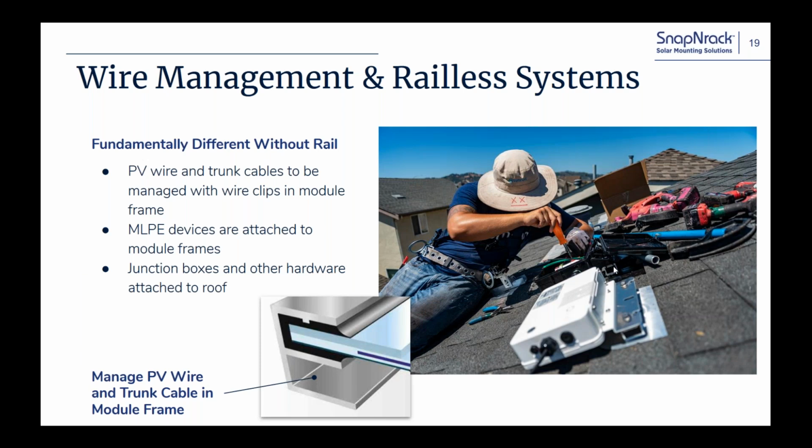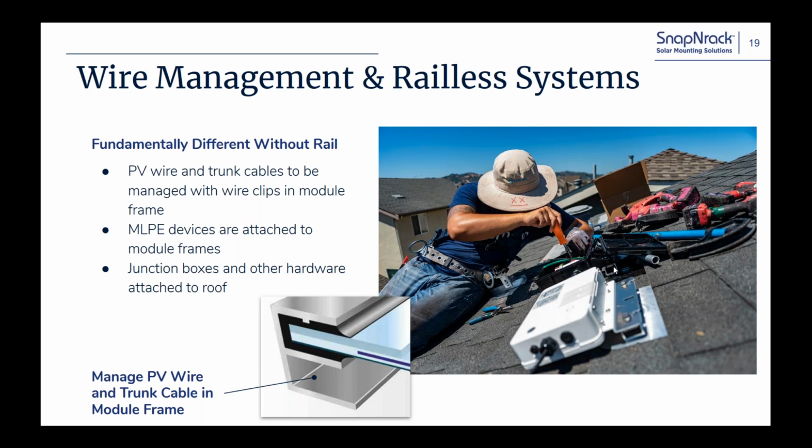Without that, you're going to need a little forethought, a little planning. We've gone through that, and we've got hardware for that. But with the MLPEs, that's going to be attached to the module, and all of your wire management is also done in the module itself.